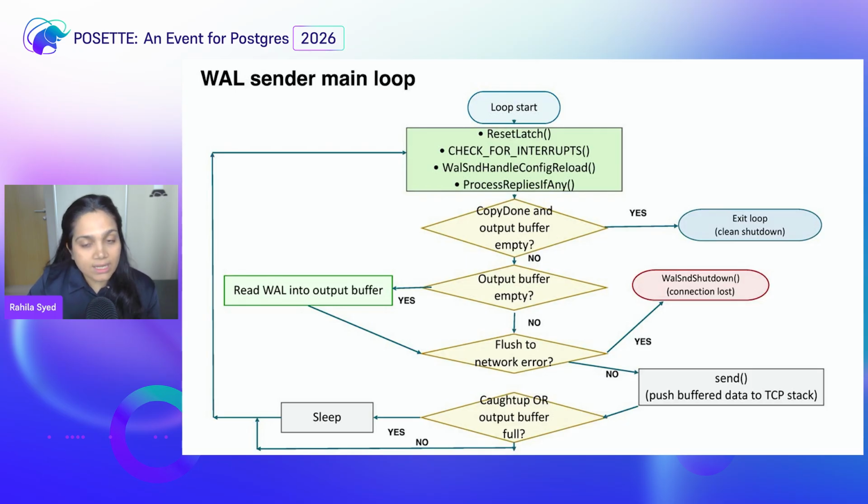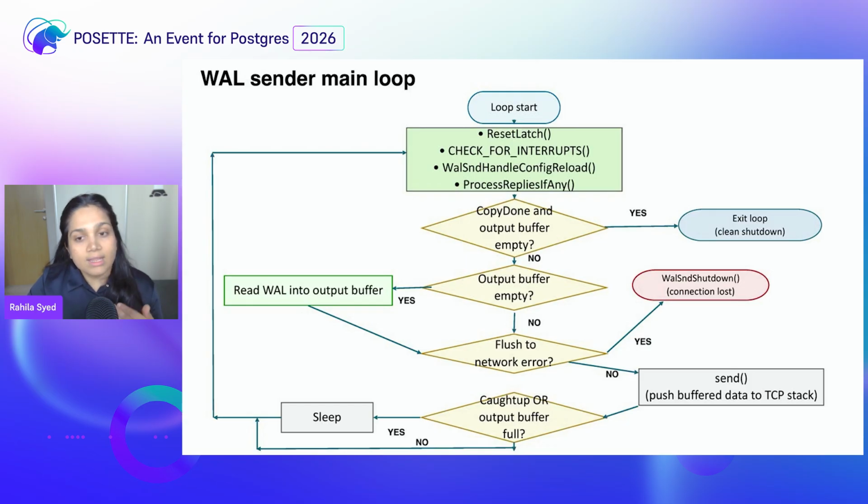So if the exit condition is not met, which means either the output buffer is not empty, there are still WAL records to be sent, or copy done has not been received, then it will go on to check if the output buffer is empty or not.